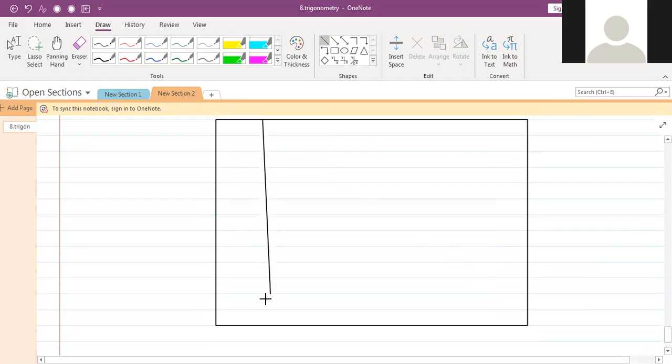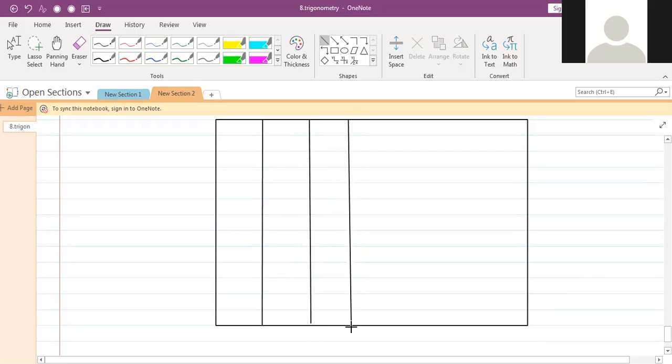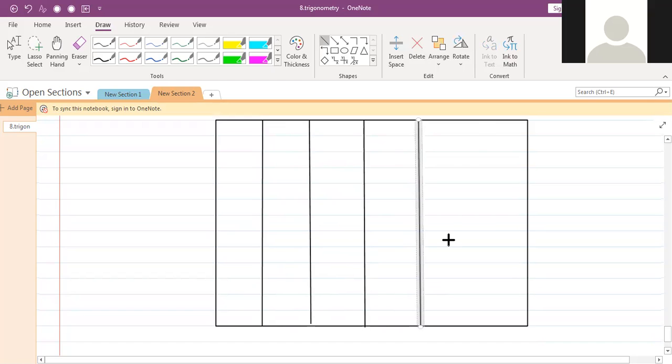So here in the first column I take my trigonometric ratio, that is sine, cos, and here we use 0 degree, then 30, 45 degree, 60 and 90.